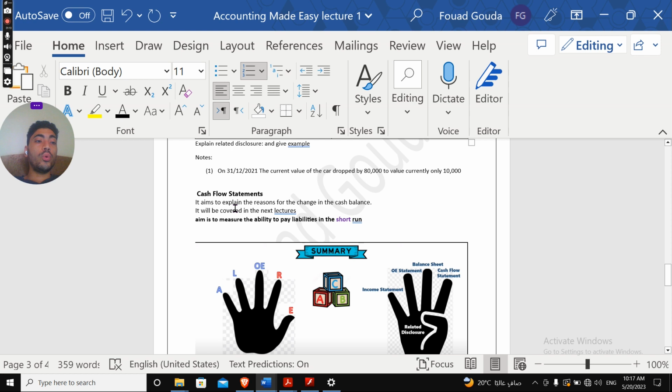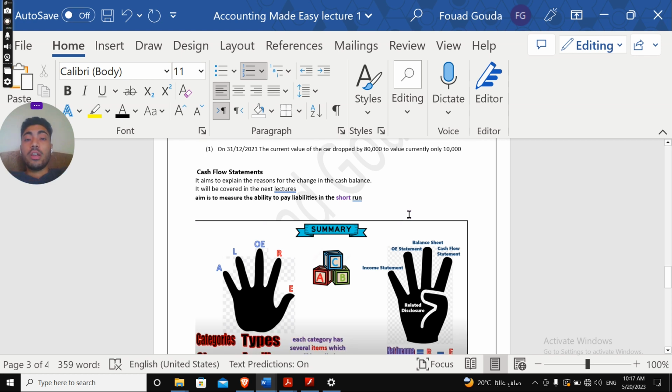The cash flow statement. The cash flow statement provides us with the general idea about, do I have enough liquidation if I need it, if my partner wants his money right now. He no longer wants to be my partner.